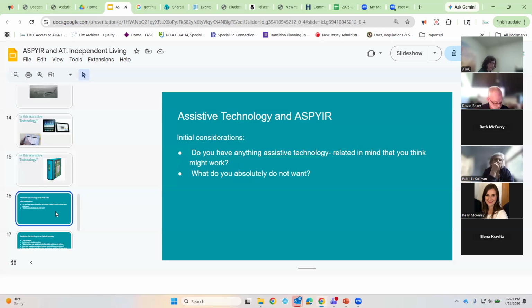Assistive technology and ASPYIR. With the idea that, again, ASPYIR stands for Accessing Strategies to Prepare Youth for Independence and Responsibility, we want to look at these considerations. Do you have anything assistive technology related in mind that you think might work for you or those you are supporting?